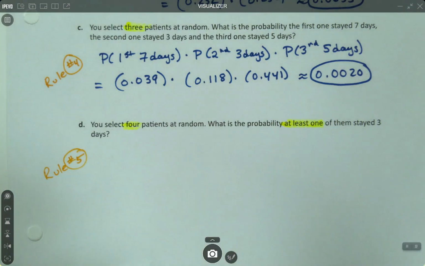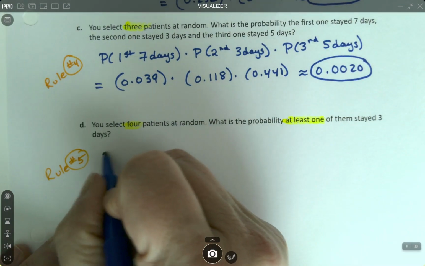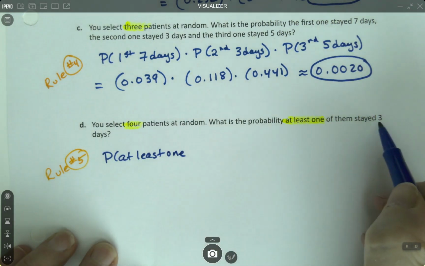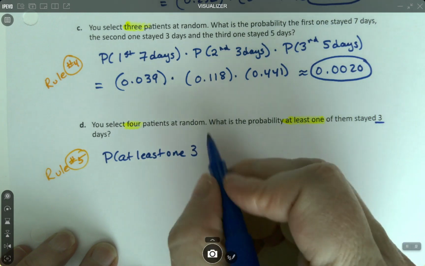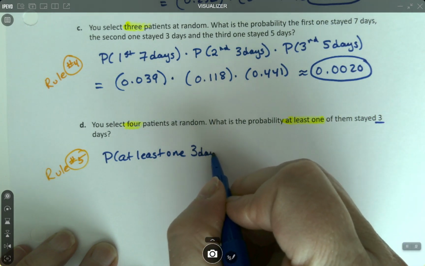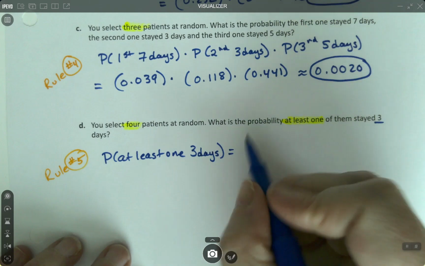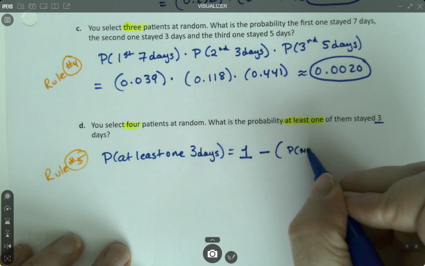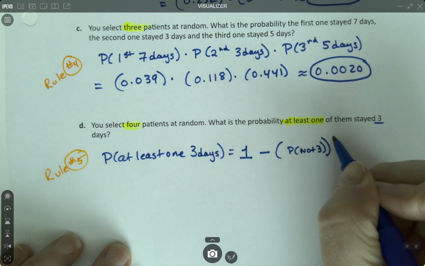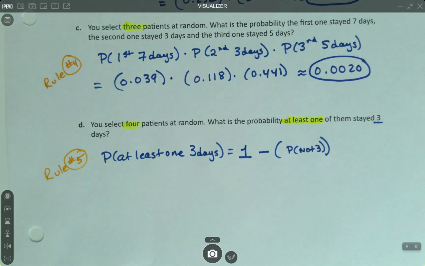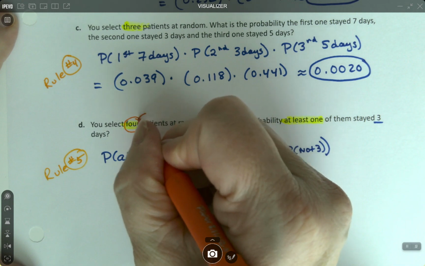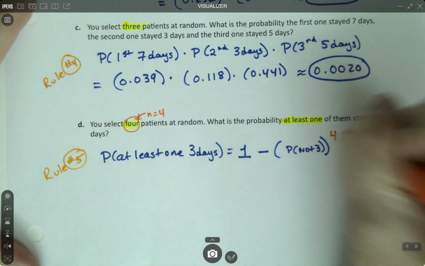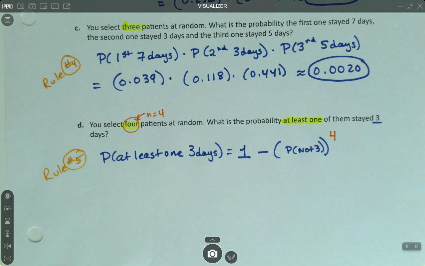All right, so I'm going to have to figure this out. The probability of at least 1, and they want 3 days, at least one 3-day, is 1 minus the probability of not 3 to the n power, but n is 4 right here, so I'm going to go to the 4th power.